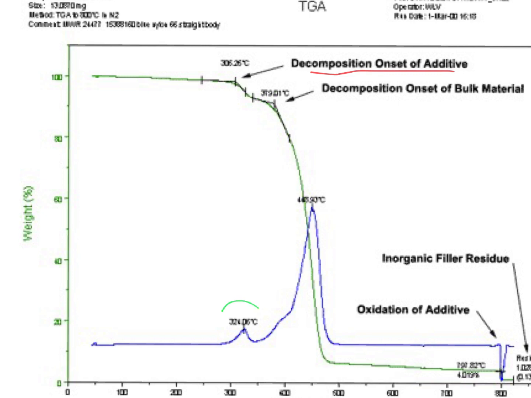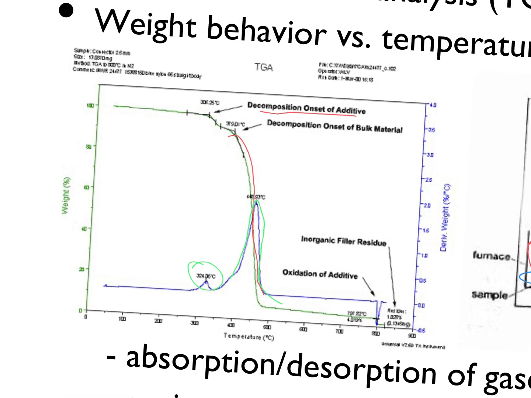And the differential analysis shows that it's got a characteristic peak of evaporating out of the system of 324.06 degrees centigrade. And then as time goes by, that kind of finishes up coming out, and then we start to go to the main weight loss, which is this steep dive here. And then in differential form, that also shows up as a peak. We do a lot of differential forms here to discover this information.